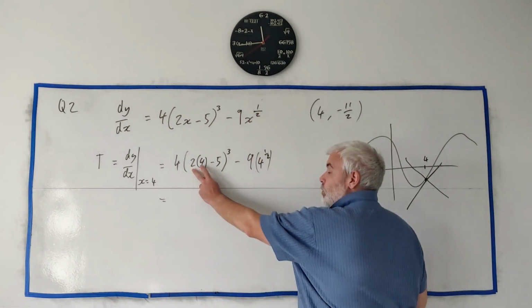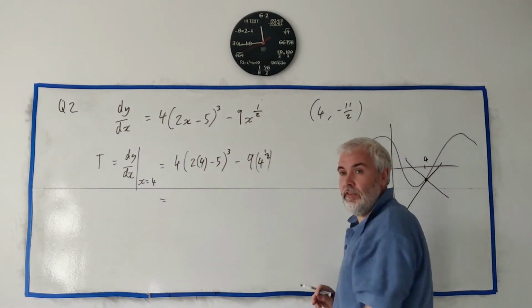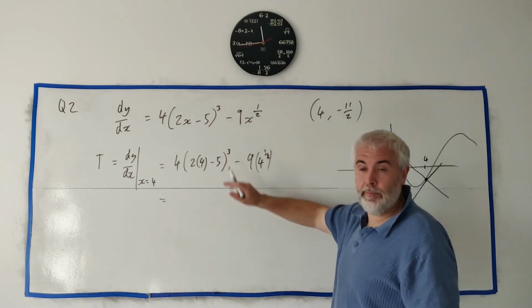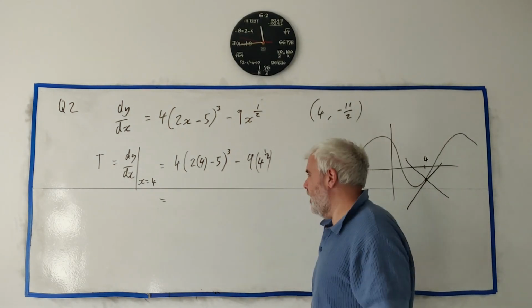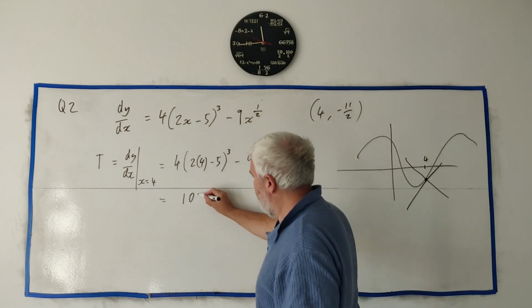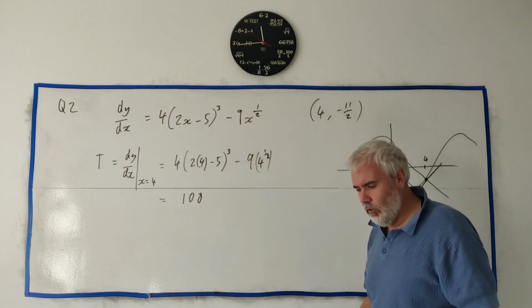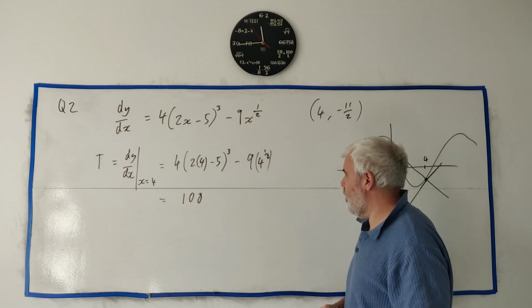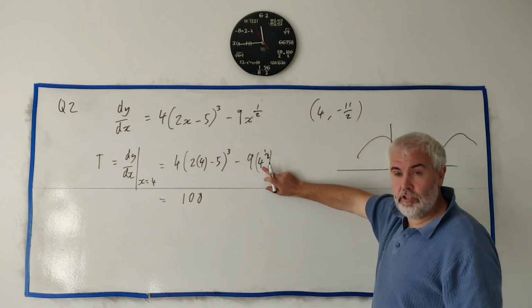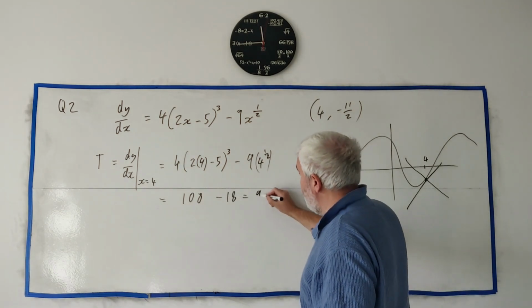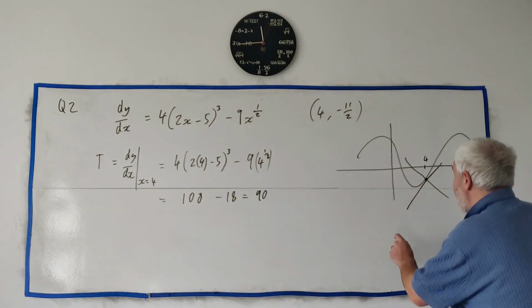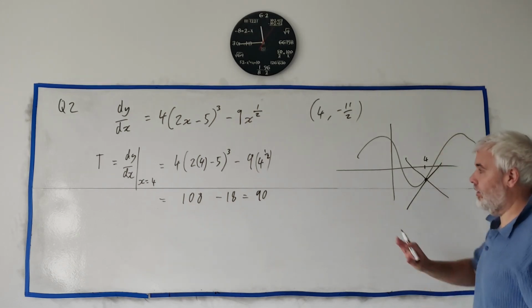Let's see, we have 2 times 4 is 8. 8 minus 5 is 3. 3 to the power of 3 is 27. 4 times 27 is 108. So obviously, do that slowly, carefully, triple check all that. And the square root of 4 is 2. 2 times 9 is 18. So the gradient of the tangent is 90.